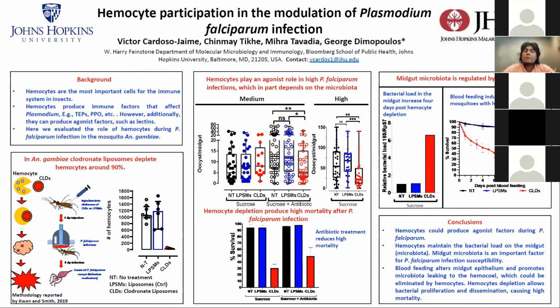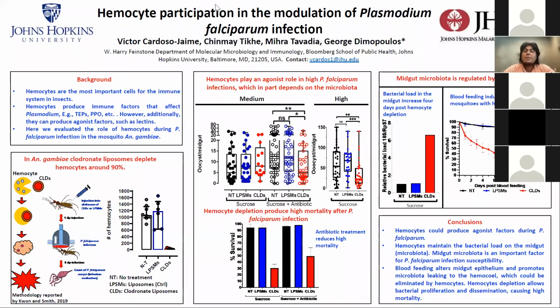In addition, we wanted to test if the intensity of the infection is affected by the hemocyte depletion. And we observe that at high doses of Plasmodium falciparum, there is a decrease in the number of oocysts in the midgut in mosquitoes with hemocyte depletion, suggesting that the hemocytes are protecting the parasite at high dose levels.